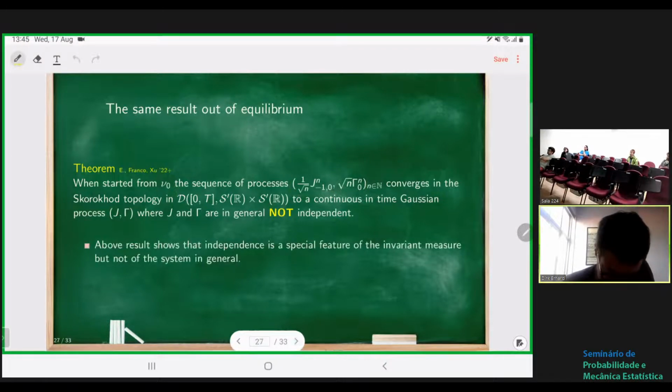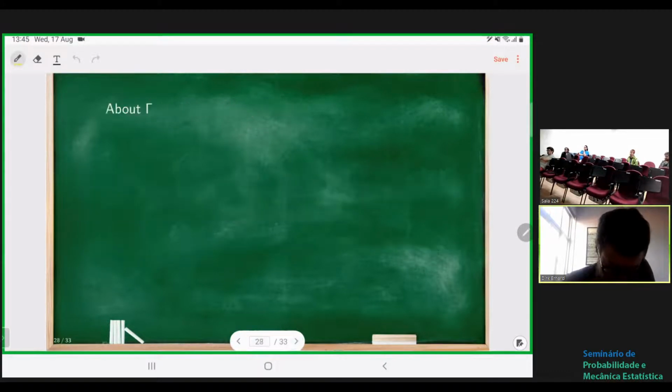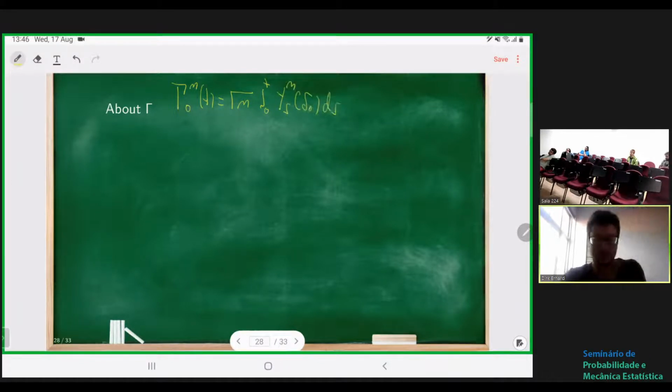What I said so far is that gamma is some kind of integrated local version of the fluctuation field. Of course, your idea is to let n tend to infinity and hope that this converges to something nice. And we know that the fluctuation field converges.